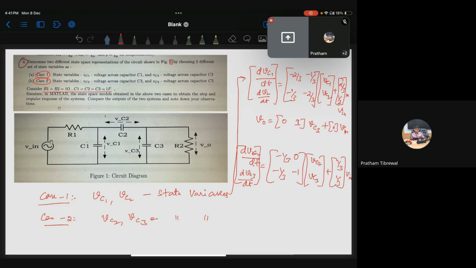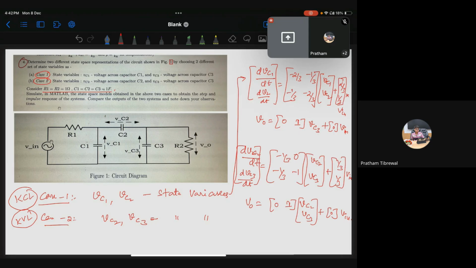So V naught is 0, 1, times Vc2, Vc3, plus 0 times Vin. That's what the answers you should get. Maybe I would suggest you to go for KCL in first case, KVL in the next case to get the answers easily. But there are other ways also, it should work.